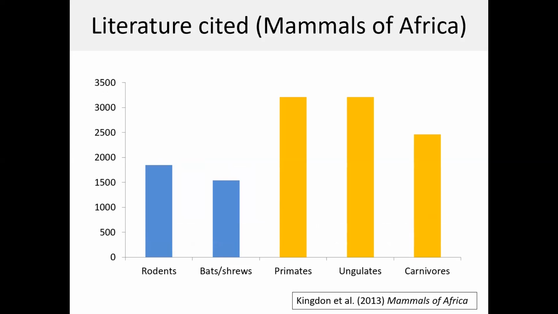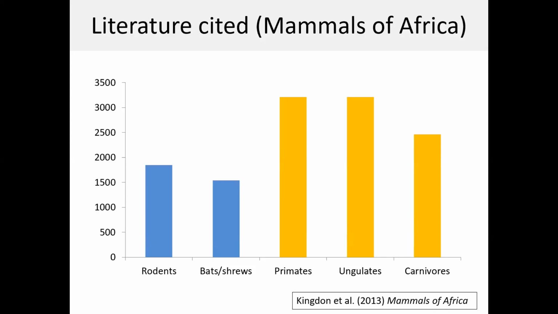The majority of papers are written on the larger mammals, typically 3,000 plus papers if you use the Kingdon Mammals of Africa volumes, 3,000 plus citations for primates, similar numbers for ungulates, and 2,500 for carnivores, but half that number for rodents and even less for bats and shrews. But this doesn't really tell the full story because there are many more species of rodents and bats.